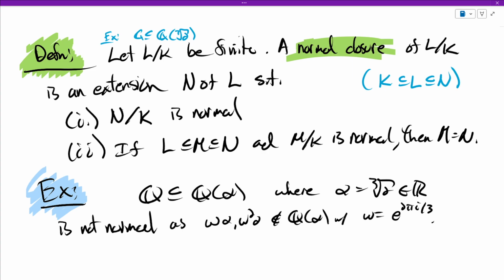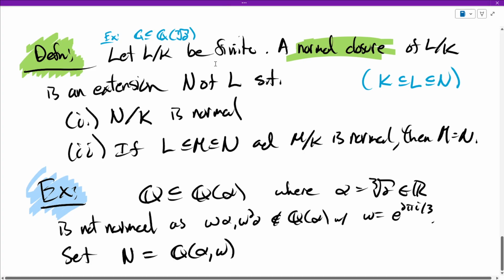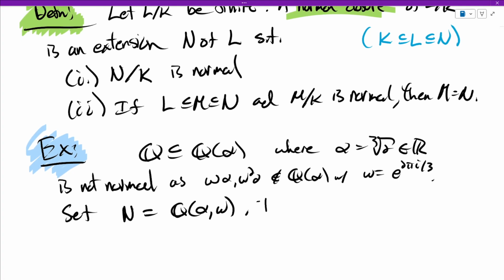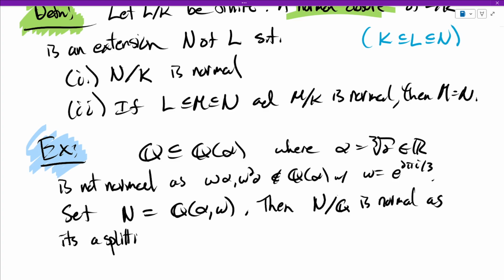So how do we make it normal? Well, we add in the remaining roots. Let's set N to be Q adjoin alpha, omega, since to get the rest of the roots, we just have to add in omega. Then N over Q is normal, as it's a splitting field, and splitting fields are always normal.